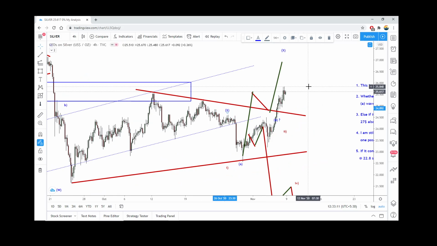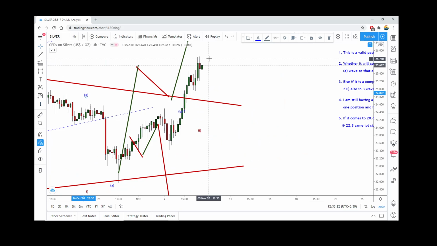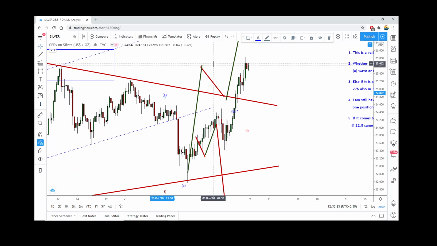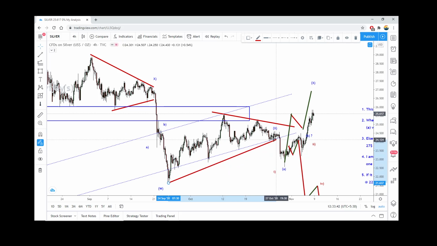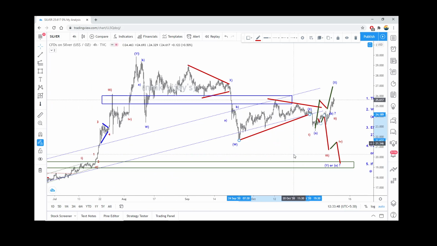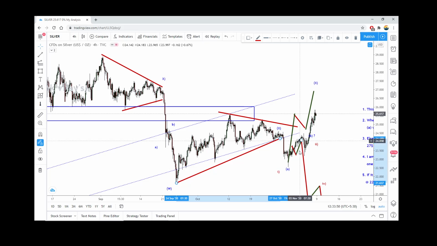So it nearly came to 25.80, and I did a short at 25,700, and still I'm holding that, the 25,780 short, because this triangle has now become invalid. It has already broken this high also, so there is no triangle valid for this anymore. Previously I drew this as a triangle like here, so there were a lot of chances for making one more low, but now it has become invalid.